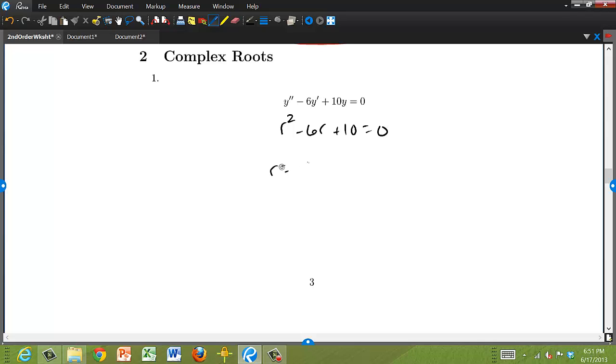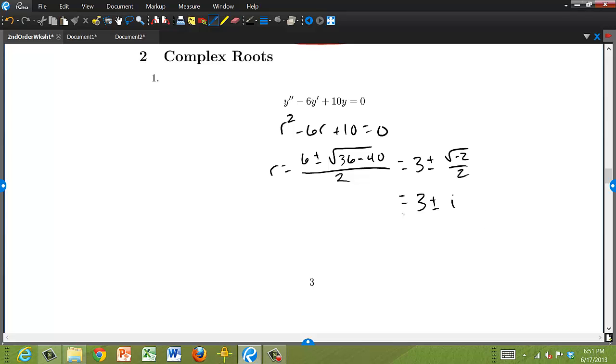So we know that r is going to be 6 plus or minus the square root of 6 squared, which is 36, minus 4ac, so minus 40, over 2. So that'll be 3 plus or minus the square root of negative 2 over 2. So that's going to be 3 plus or minus i.